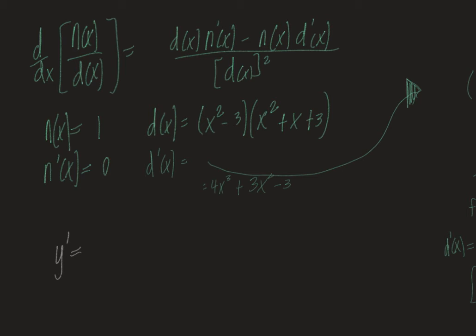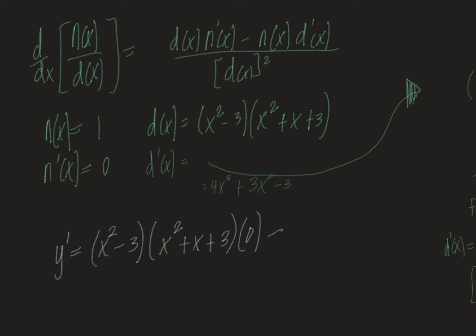Okay, so we first start with the denominator times the derivative of our numerator, which is 0. Well, that's going to be fun because anything times 0 is 0. So that's nice. Minus, okay.